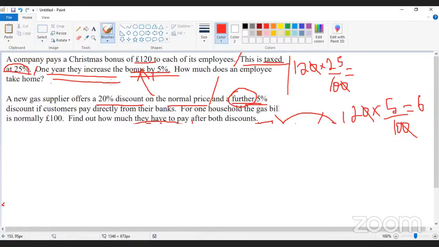If the customer pays directly from their bank, a further 5% discount. Okay. So for one household, the gas bill is normally 100. Then find out how much they paid after the discount. So there are two things. One discount is from the normal price. After that, they get another discount for the payment method. So there are two discounts.